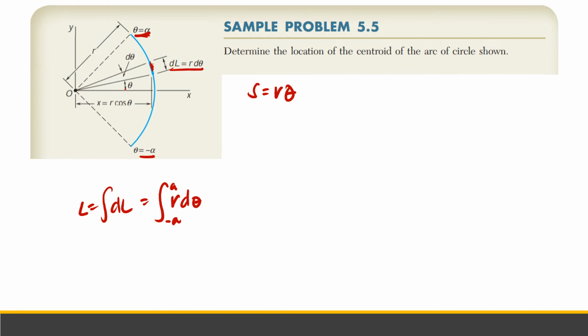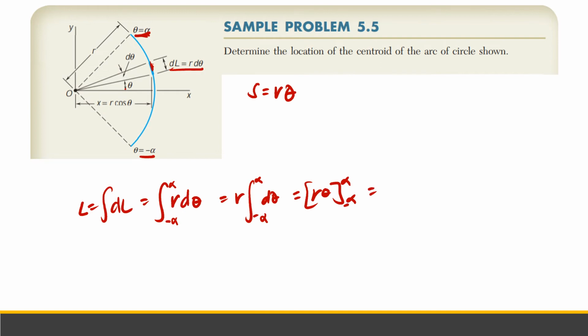So since r here is constant, so pwede natin ipalabas yung r natin. R, integral of negative alpha to positive alpha d theta. So this is r theta from alpha to negative alpha.